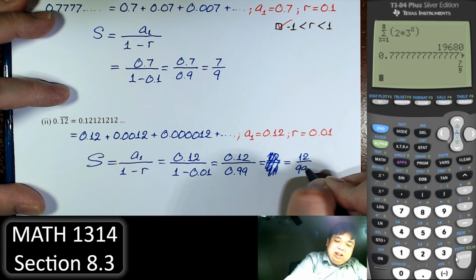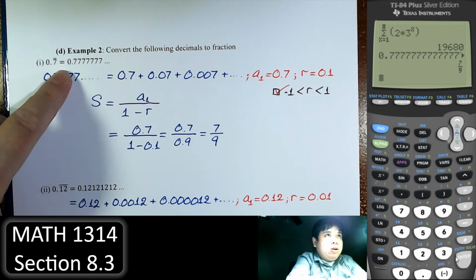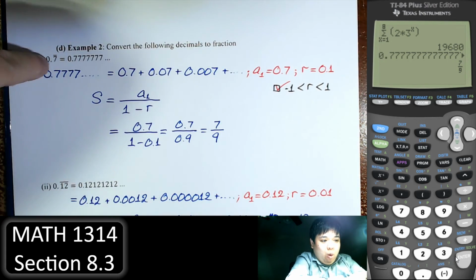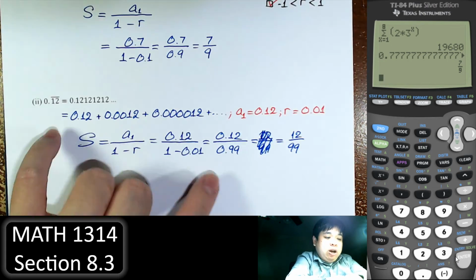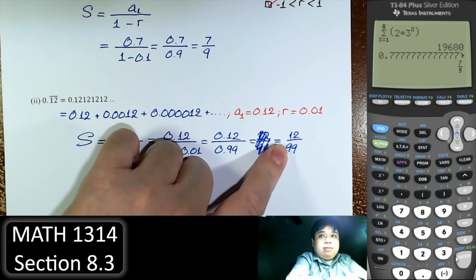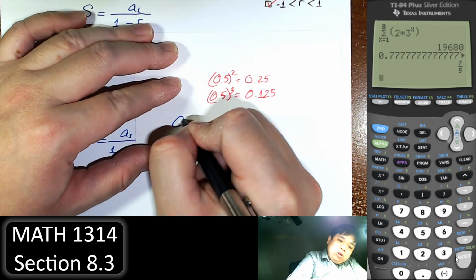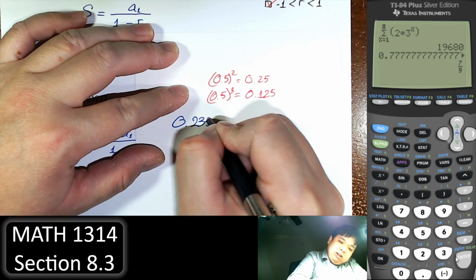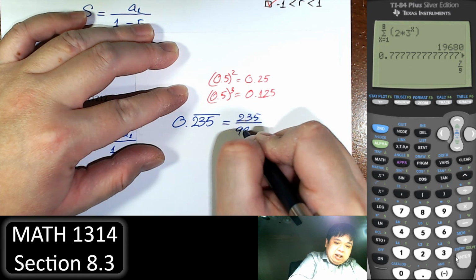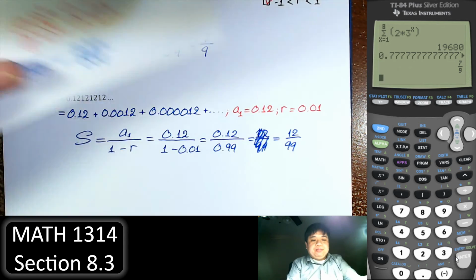Now notice that if we have 1 digit repeating after 0 point, then we're going to have that digit divided by 9. If we have 2 digits repeating after 0, that will be divided by 99. So with that pattern, I can say for sure 0.235 repeating is going to be 235 over 999. That only works if it is repeating right after the decimal point.